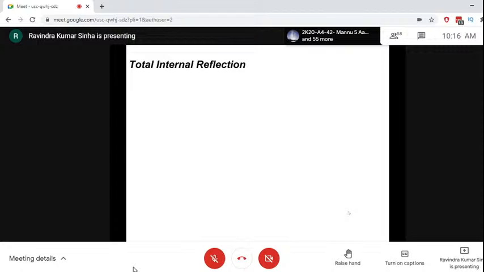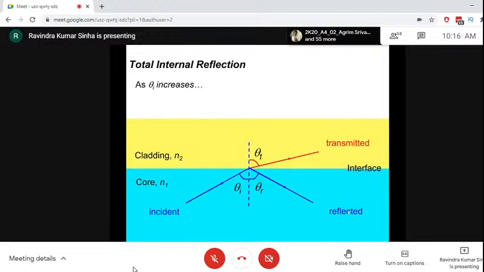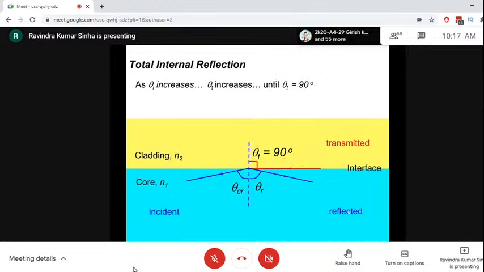Now, if theta i increases, theta t increases. Maximum it will go up to 90 degrees.